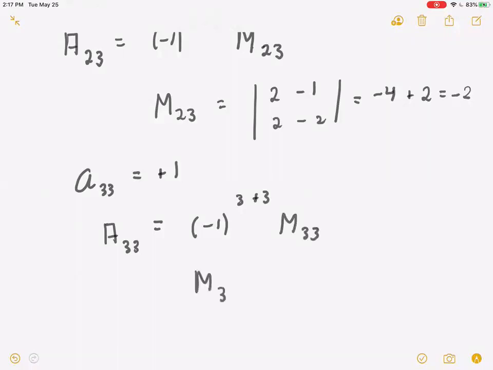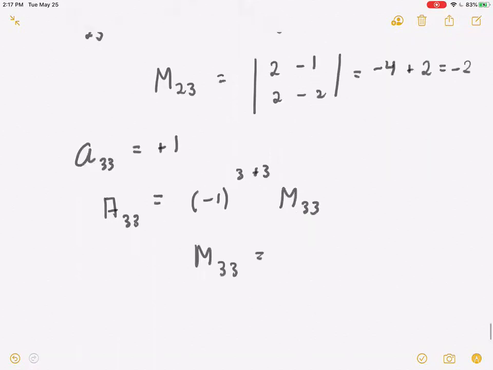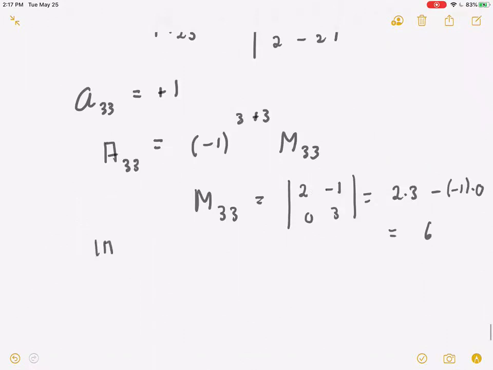And again, you develop some fluidity and expertise in knocking out these minors, but just go slowly because you can make an arithmetic mistake. 2 times 3 minus 1 times 0, so that's plus 6. If you put all this together, by doing the expansion of the determinant of A about the third column of A, you have 3 terms: minus 6, minus 2, plus 6, and lo and behold, you get minus 2. It's the same result as before.